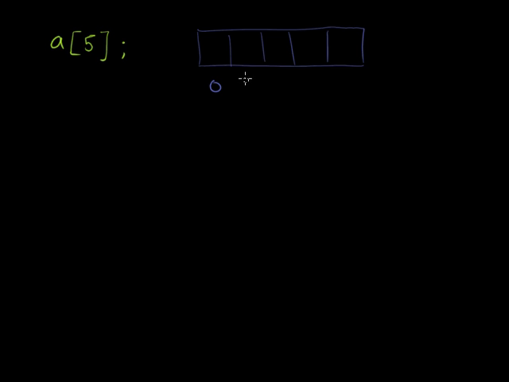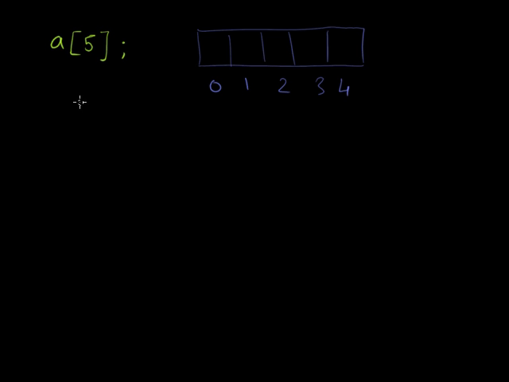Okay. What happens if I declare an array like this, A[5]? This means that this is an array which contains 5 elements. So 5 elements of memory are stored and numbered starting from 0: 0, 1, 2, 3 and 4.